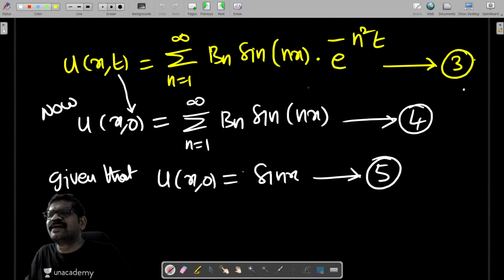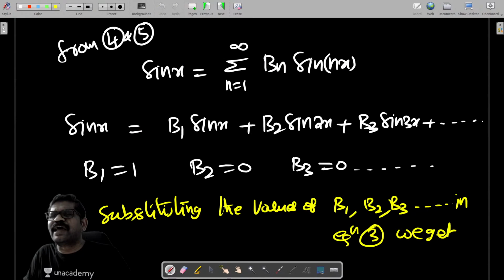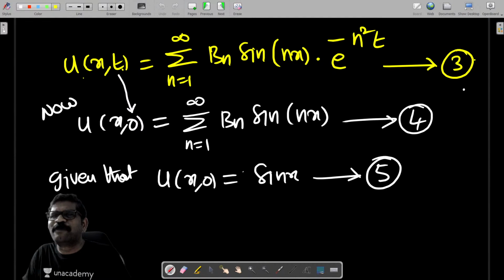Equation 3, this one. So u of x comma t equal to, you got b1 value 1, remaining all terms are 0. So in the place of n, put n equal to 1. Then you will get b1. b1 means 1. 1 into sin x e power minus t.